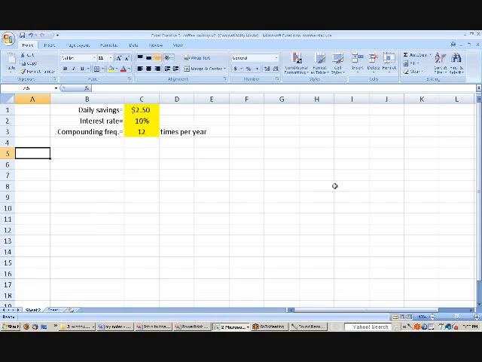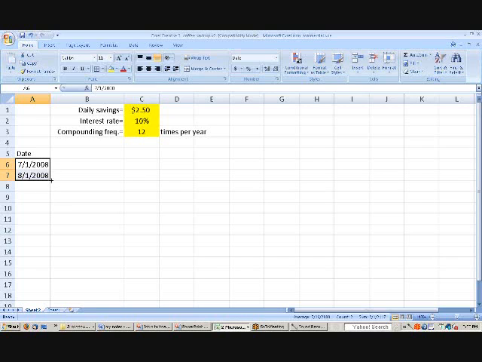And then we need to list all the dates. So starting with July 1st, 08, and then we're looking at this on a monthly basis, so the next date is going to be August 1st, 08. And then we want every month until 40 years later, which is July 1st, 2048.